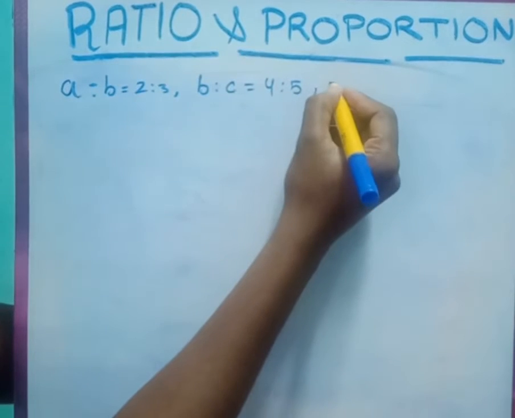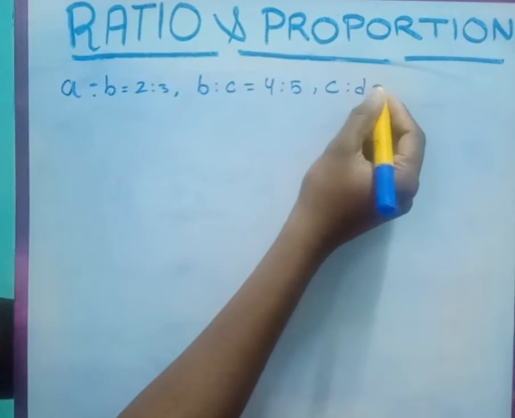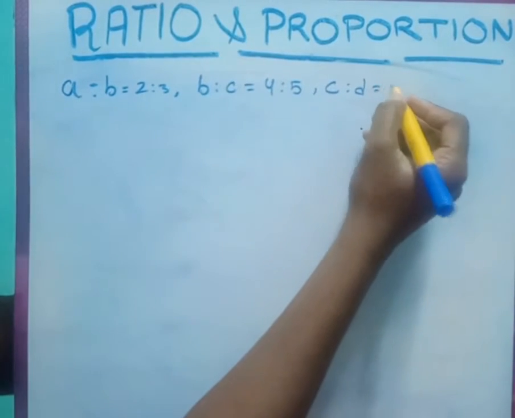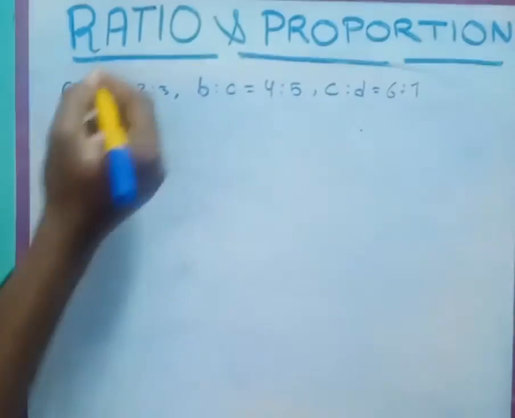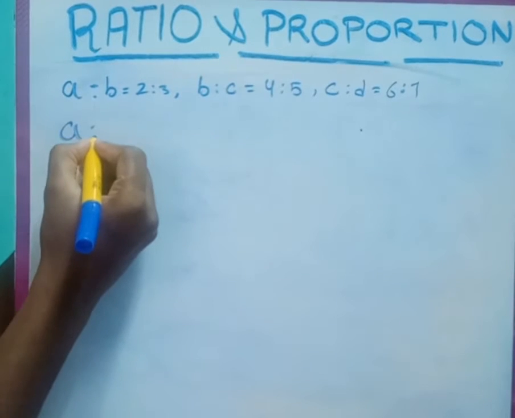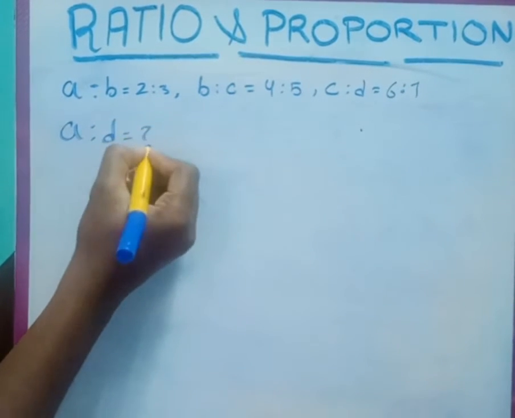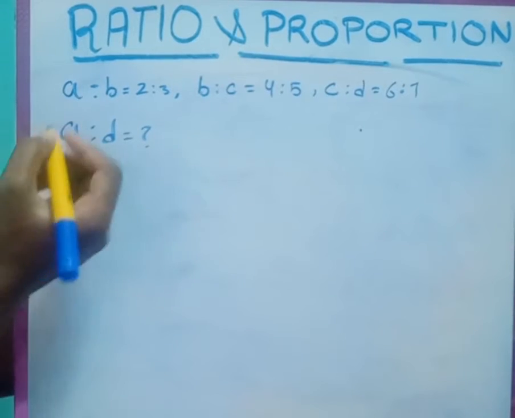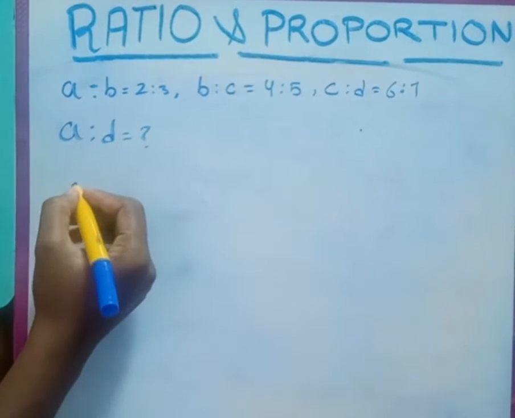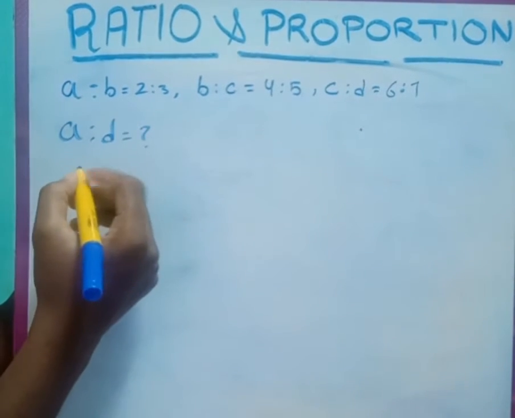And C is to D is given as 6 is to 7. Now we have to find A is to D, right guys? So now how can we find the answer for this solution? This is a very easy question, guys. As I told you before, please remember all the rules that I have explained to you.